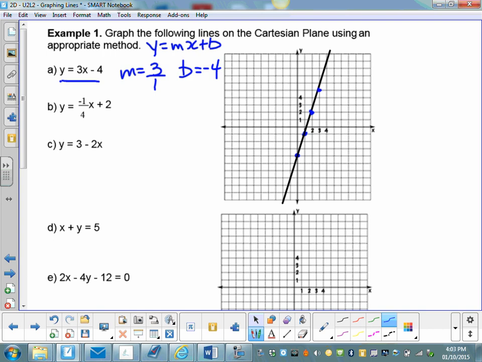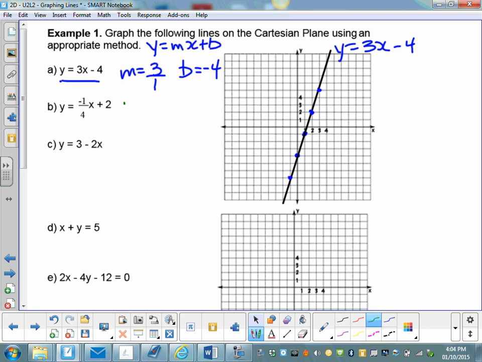Same thing going down, down 3 and over to the left 1. So it should continue to follow that pattern. And so that's what that line looks like. So I'm going to write y equals 3x minus 4 to label that one, especially in this case because I'm going to put 3 lines on each graph.